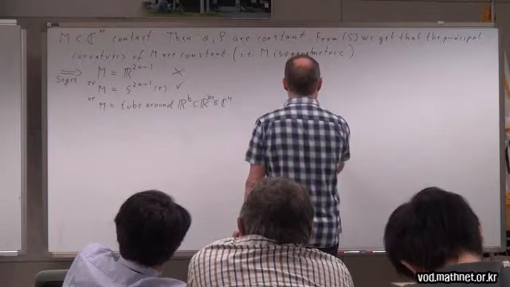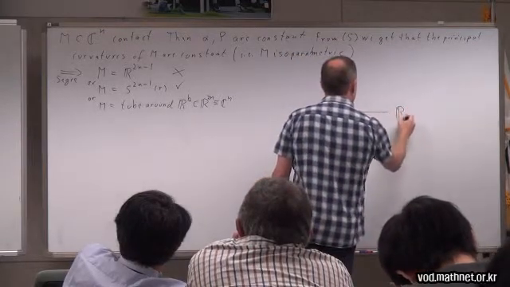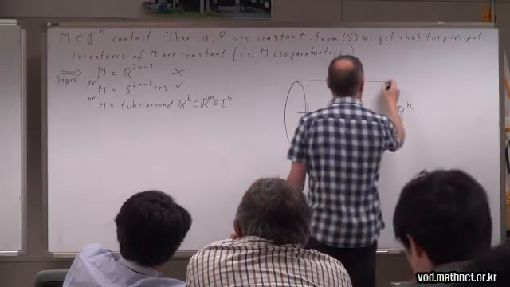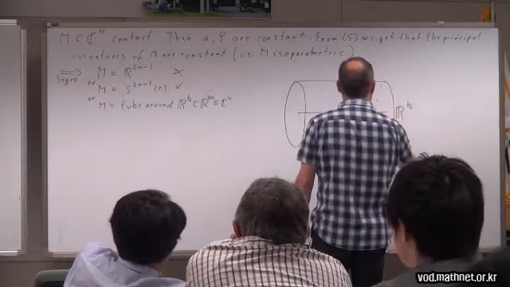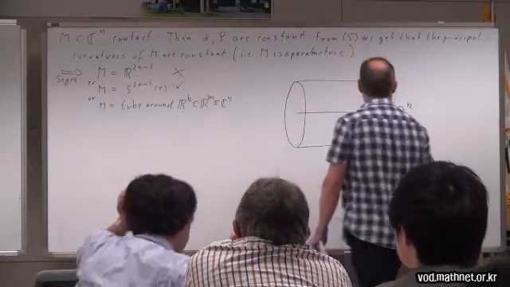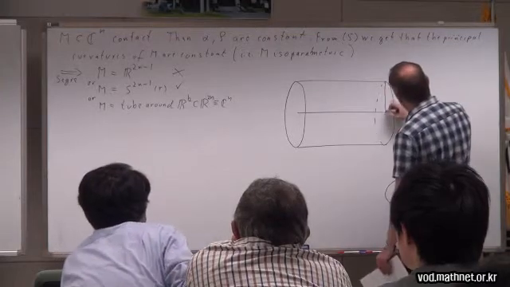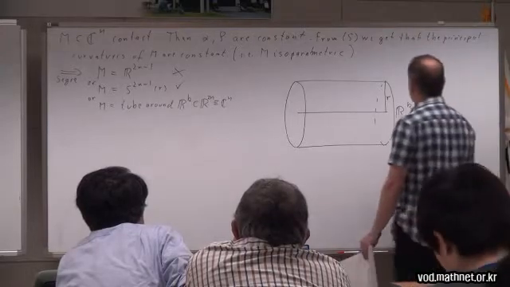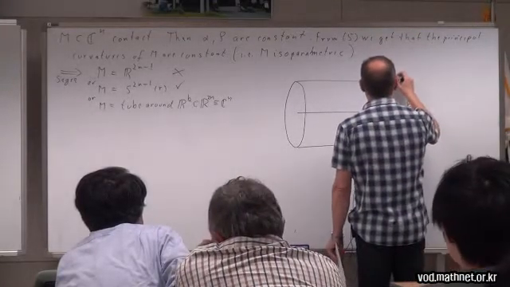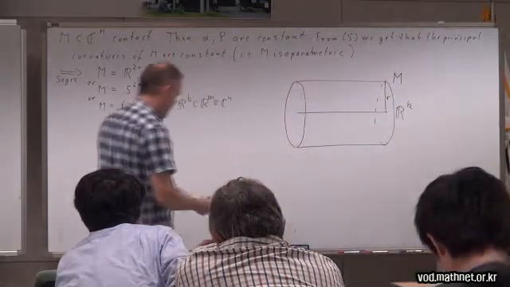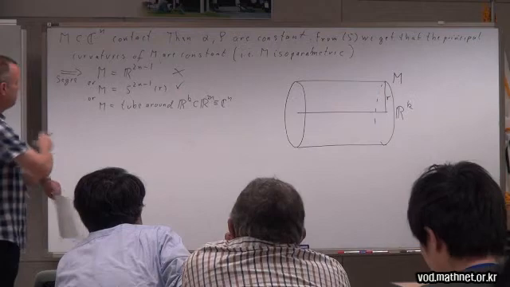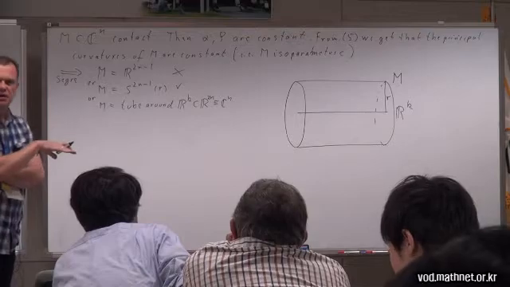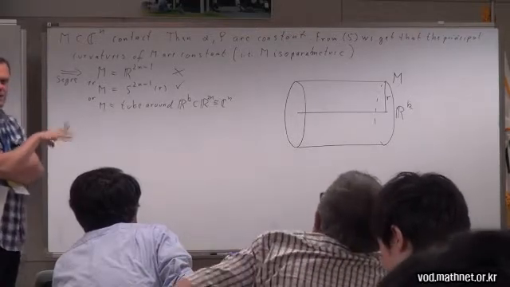So I draw a picture. We have Rk. And then we have a tube. So let's say here our radius of the tube is r. So this is M. This has exactly two principal curvatures, namely 0 and 1 over the radius.